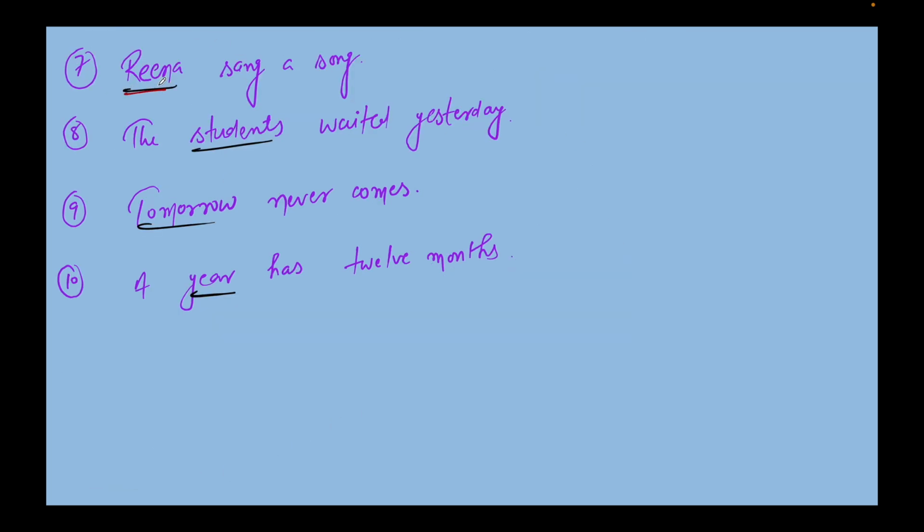Rina, person, visible category. Song can only be felt, so felt only. Students, of course, come under the category of visible. Yesterday, we can only feel it. Tomorrow, we can only feel it.